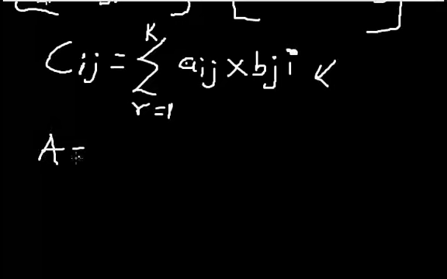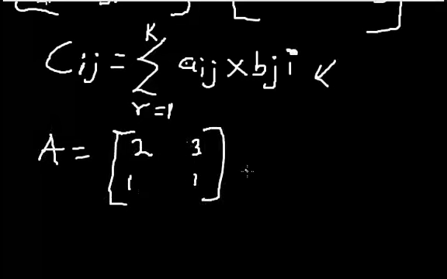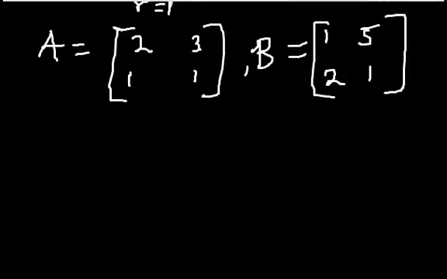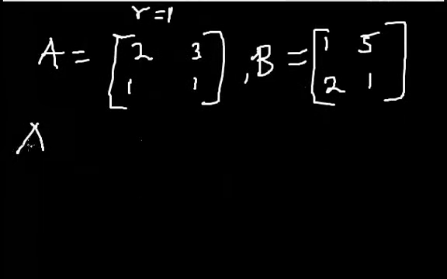Let's say matrix A is equal to 2, 3, 1, 1, multiplied by another matrix, let's say 1, 5, 2, 1. Now you have to multiply these two matrices, A times B.